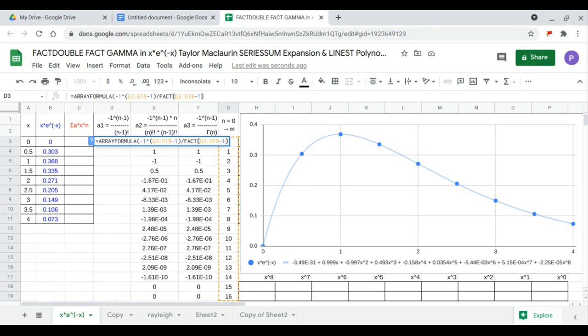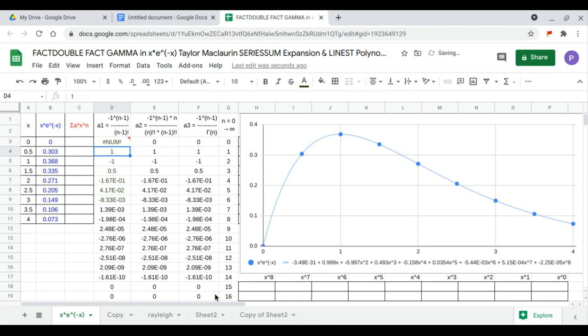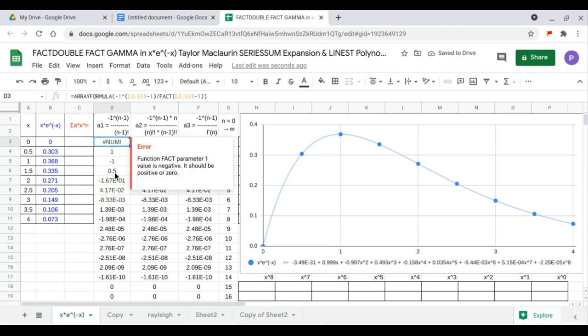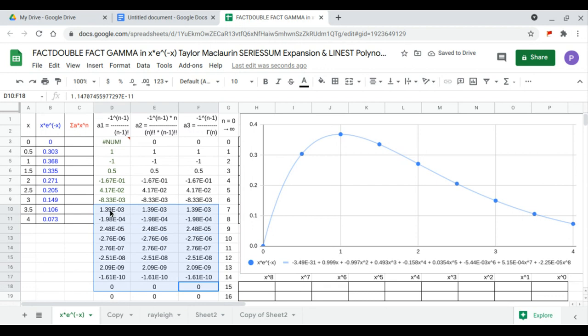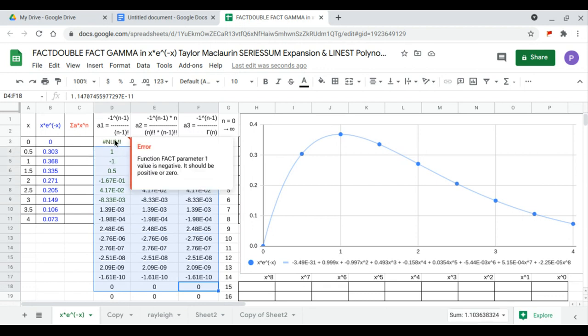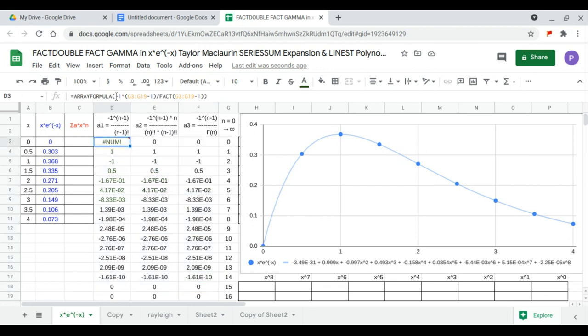That's the factorial. The denominator, again we have the same problem, although the other parts are the same. We'll correct that using the same formula we have copied earlier, paste. So if n equals 0, 0, otherwise calculate. Now it's corrected.